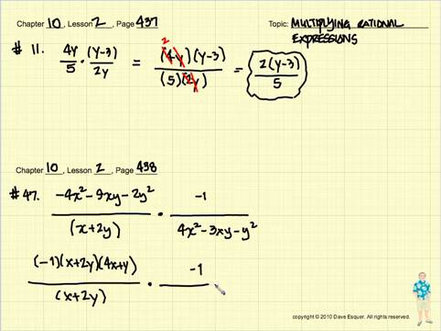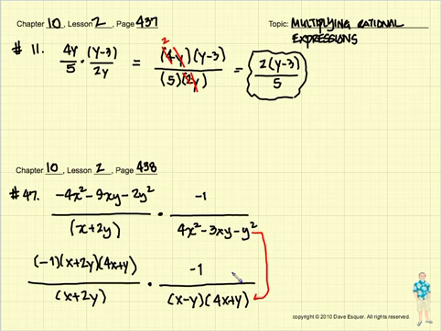And our second term is still that minus 1 on the top, but we have the factors for the denominator now of x minus y and 4x plus y. So we factored, let me get my red, that term, and we factored that polynomial into those two things.